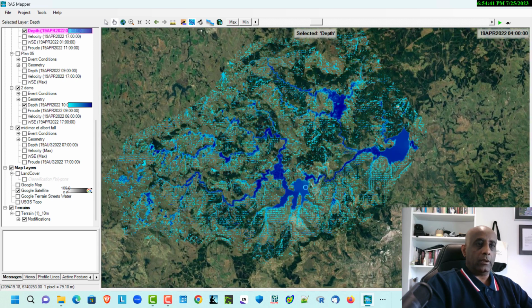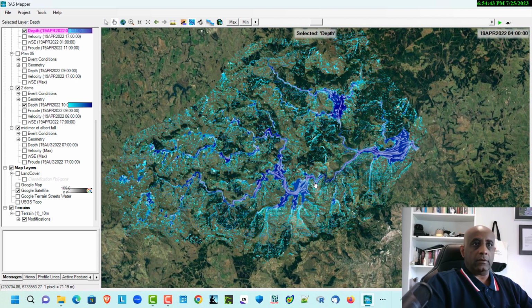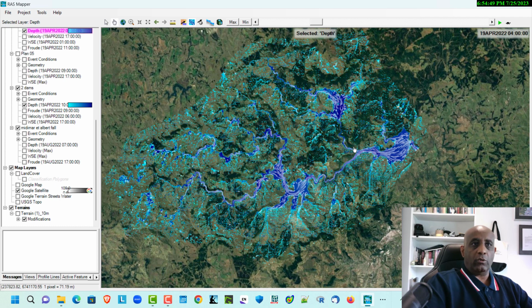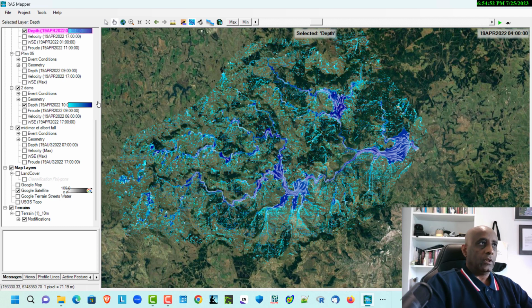Let me show you where the dam is located and what structure, the type of the river course and so on.